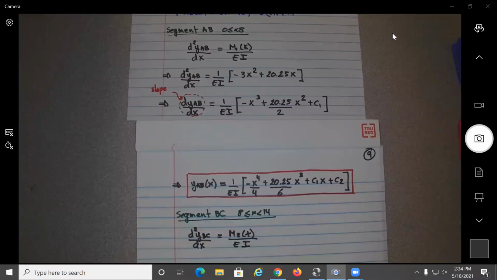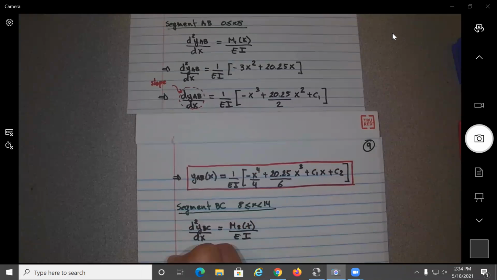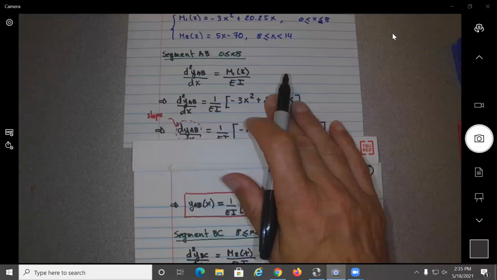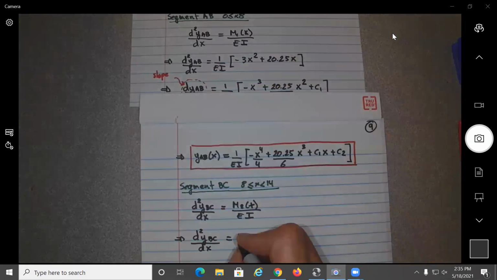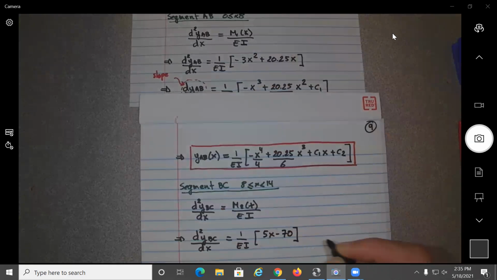So I just do exactly the same thing, okay? What is M2 is right here, 5x minus 70. We have 1 over EI times 5x minus 70. This will give us again the slope, dy_BC/dx. We integrate once, 1 over EI.